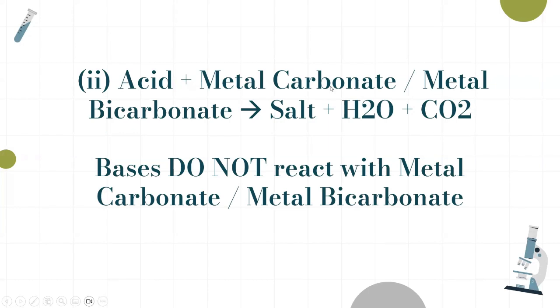So we can conclude that when we react an acid with metal carbonates or metal hydrogen carbonates, we get salt, water, and carbon dioxide. And do note that bases do not react with metal carbonates or metal bicarbonates.